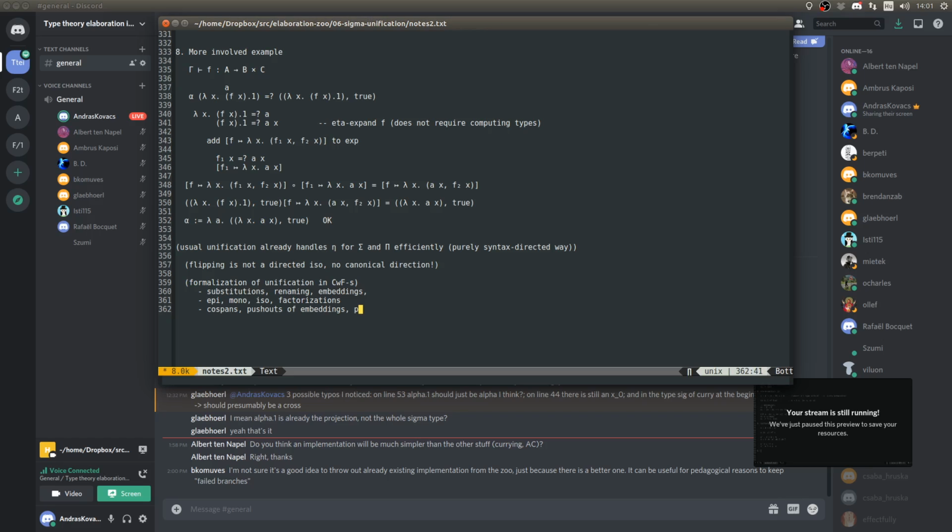And then basically a partial substitution is just defined to be a cospan, and then the composition is defined to be a pushout. And then we have definedness of psub, and then we get the poset enriched category, and then we can implement this inversion algorithm.